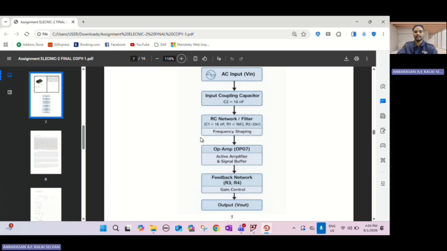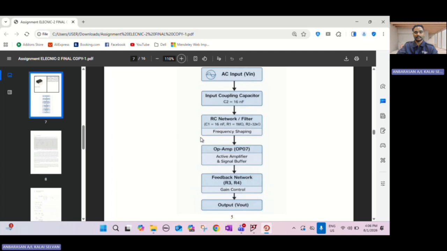The resistor network shapes the frequency response. It also filters out unwanted noise and limits the signal to the desired frequency range. This stage improves signal quality before amplification. Number 4, operational amplifier. The amplifier amplifies the filtered signal.